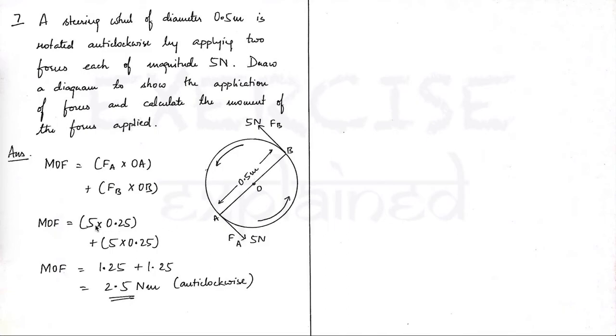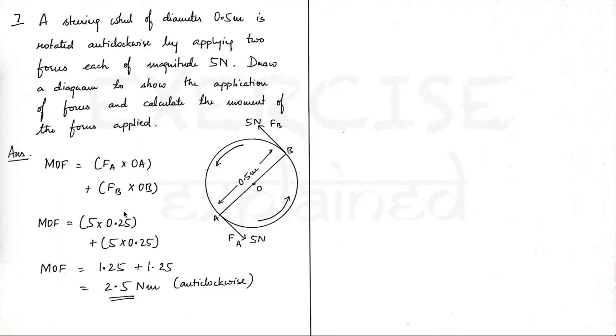So we can write it as 5 into 0.25 plus, again, what's going to happen is Fb is 5 Newton into perpendicular distance is again 0.5 by 2. So that happens to be 0.25. So here we get 5 into 0.25 plus 5 into 0.25.